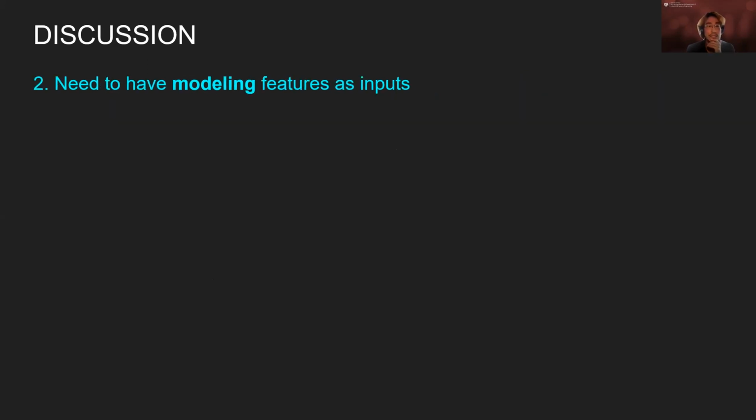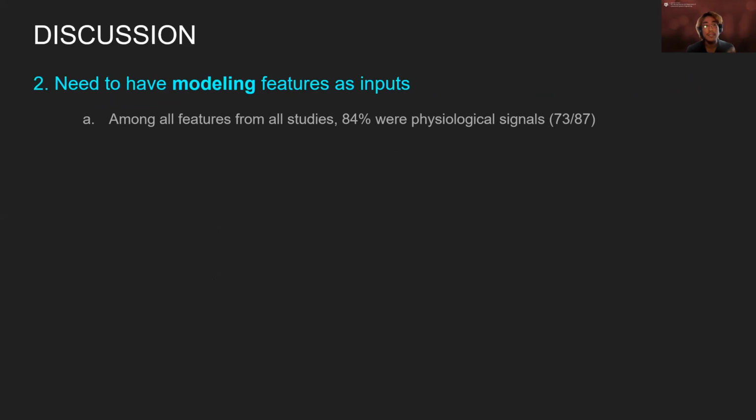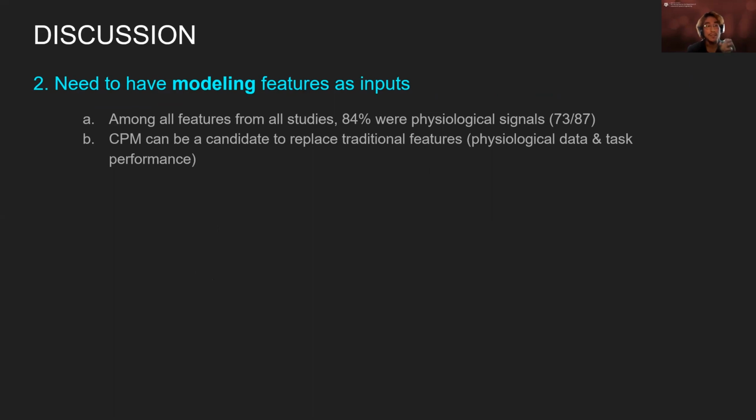And the second one is that we need to do the modeling of features as inputs. Currently, the majority of studies relied on the physiological signal and the CPM, so cognitive performance modeling. Computer software can be a candidate to replace those traditional features.